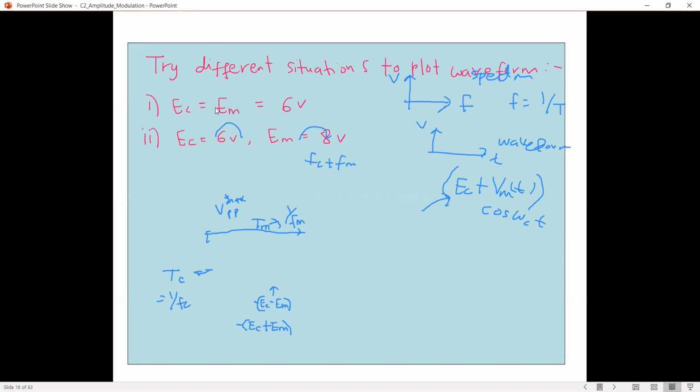You plot the waveform when EC equal to EM, 6 volt, and then EC equal to 6 volt and EM equal to 8 volt. This is when your M equal to 1, the first one, and the second one, your M larger than 1. Do you understand your homework?